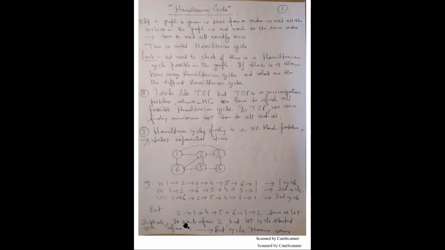So this is a kind of duplicate cycle. Basically, the cycle remains the same, so this will not be considered another Hamiltonian cycle. It is the same cycle as the first cycle. That's the point. You cannot consider this as another Hamiltonian cycle.